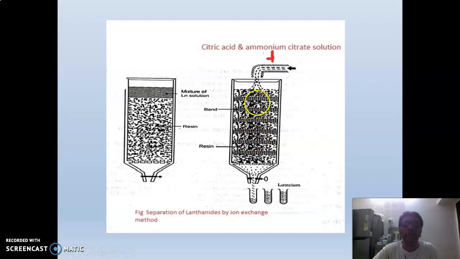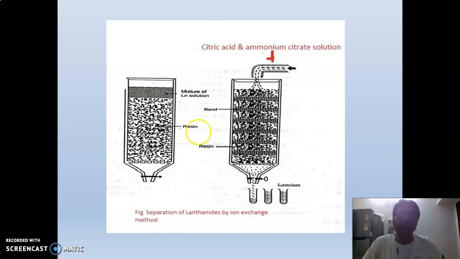Okay. So lanthanon ions are exchanged with the resin one by one, depending upon their hydrated radius. The lanthanon ion which has the largest hydrated radius is exchanged first, and the lanthanon ion which has the smallest hydrated radius is exchanged last with the resin column.